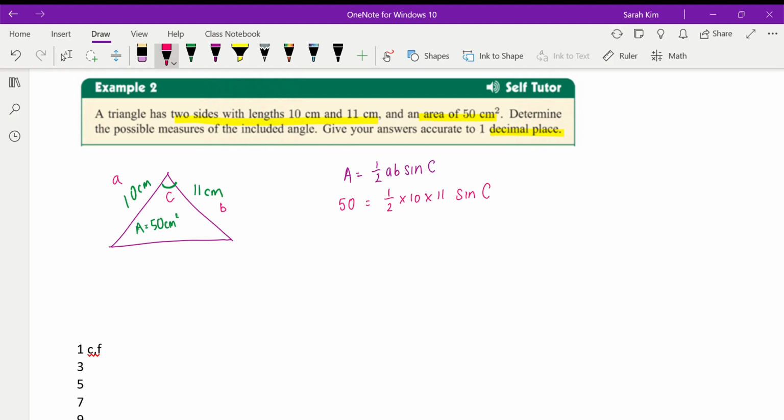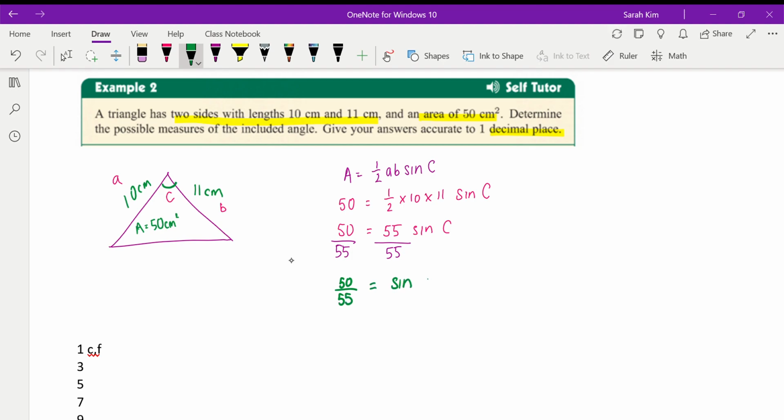So I'm just going to simplify what 10 times 11 times half is to make the calculation a little bit easier. So I get 55, and then I'm going to get rid of it from the right hand side so I can get sine C by itself. I'm going to leave it as a fraction so it's not a decimal.